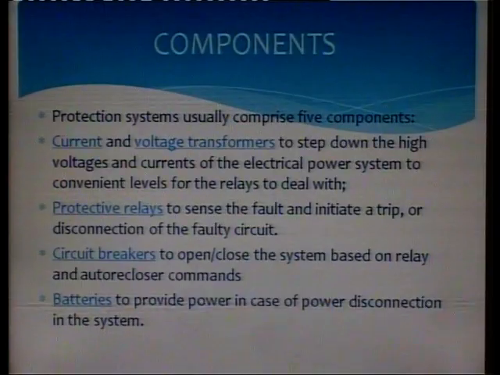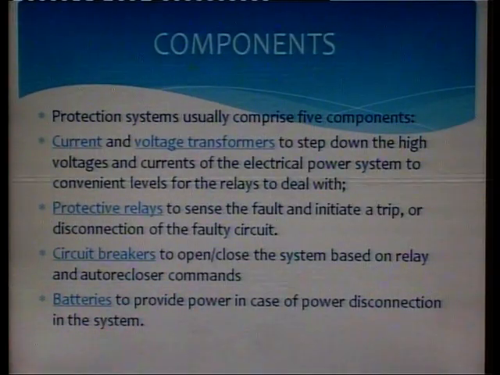Current and voltage transformers are used to step down the high voltages and currents of the electrical power system to convenient levels for the relays to deal with. The main function of CTs and PTs is to record the values of the current and voltage, and if they are above the normal value, they provide a signal to the relays.